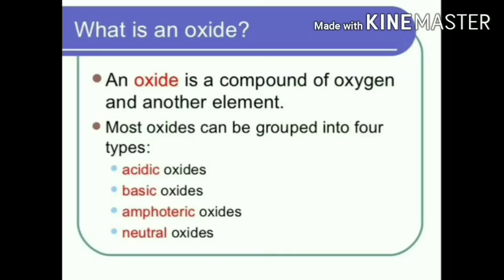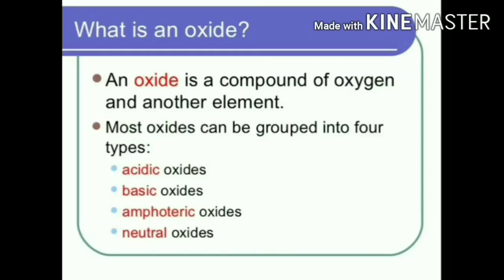And most oxides can be grouped into 4 types, namely acidic oxides, basic oxides, amphoteric oxides, and neutral oxides. Now in this chapter we have learnt what acidic oxides and basic oxides are. Amphoteric oxides we will learn exhaustively in chapter 3, metals and non-metals.